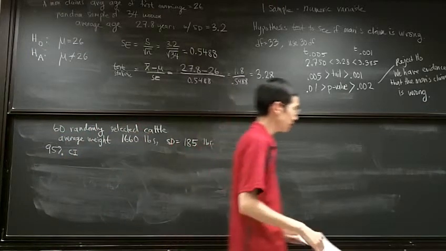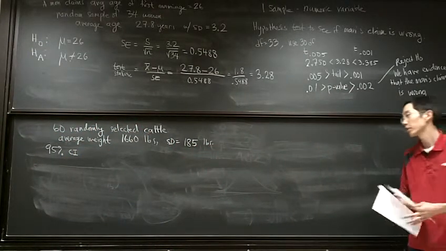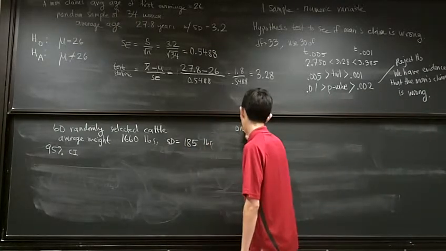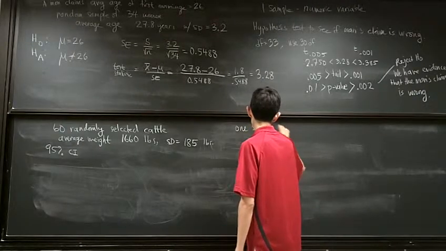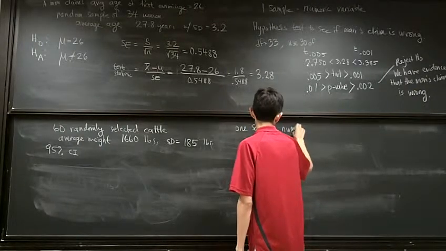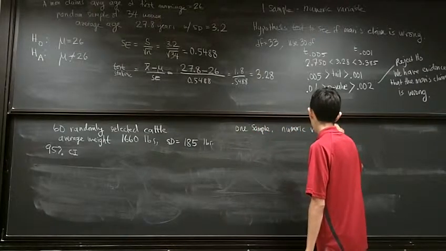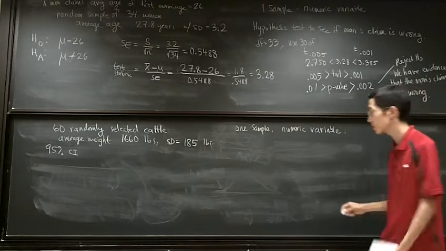Okay, so here we have one sample, numeric variable, we're talking about weight, okay? Numeric variable, and we're making a confidence interval.